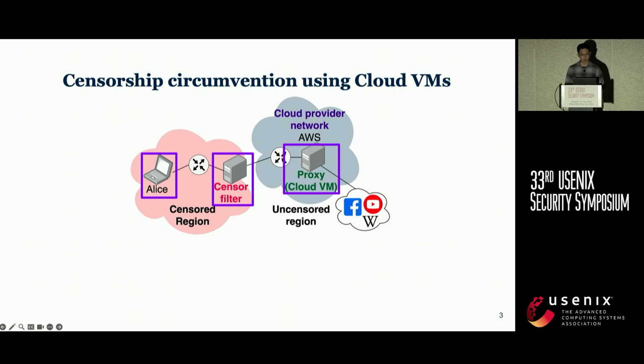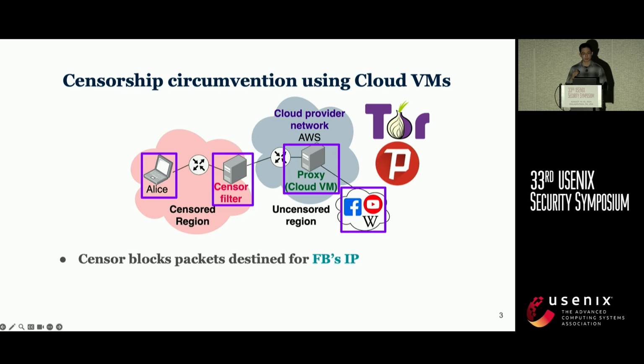In our case, this is going to be located in a cloud virtual machine. And we know that this is deployed in places like Tor and also Psiphon. What this proxy does is that it intercepts these packets from Alice and redirects them to their intended destination, in this case Facebook, completing the cycle. So overall, the censor blocks packets destined to Facebook's IP address, but Alice's packets would be okay, presumably because the proxy's IP address is not blocked.